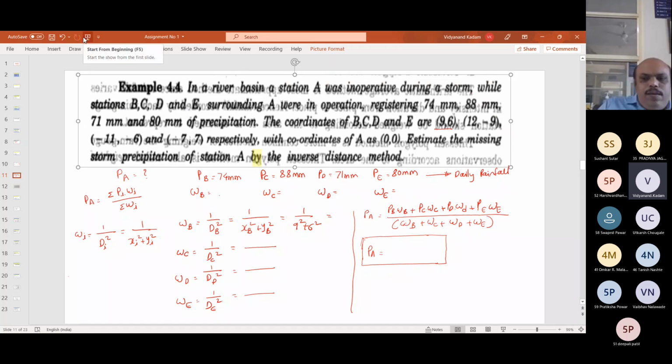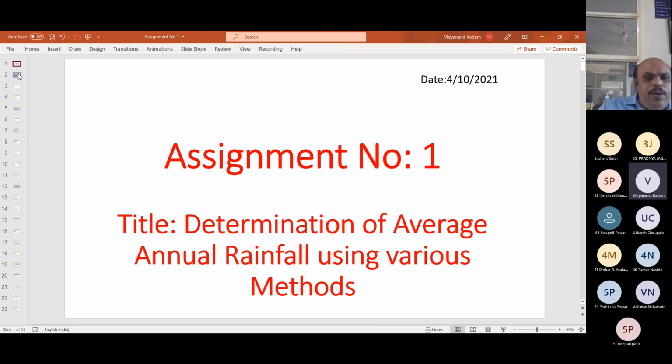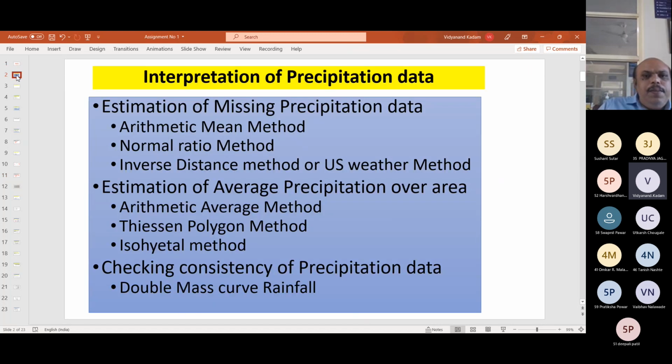Okay, so with this, today I will stop here. See what we have covered today. We have covered the first part of assignment number 1, estimation of missing precipitation data. There are three methods: arithmetic mean method, normal ratio method, and inverse distance method, or US weather method. In the next practical, we will learn how to find the average precipitation over an area. There are again three methods: arithmetic average method, Thiessen's polygon method, and isohyetal method.